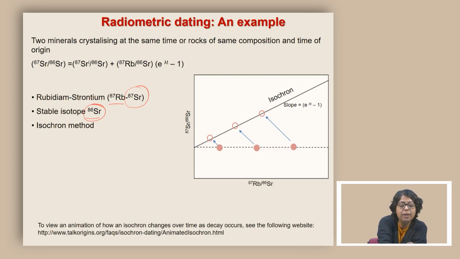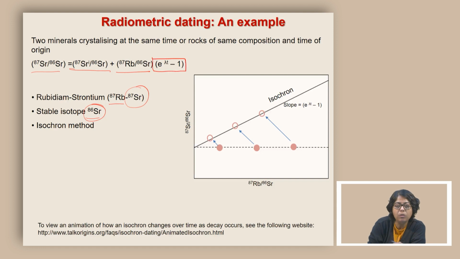If we do that, then the formula takes the shape of 87 strontium by 86 strontium, and this part becomes 87 strontium initial concentration divided by 86 strontium, and then this part takes the form of 87 rubidium divided by 86 strontium, and this part remains unchanged.